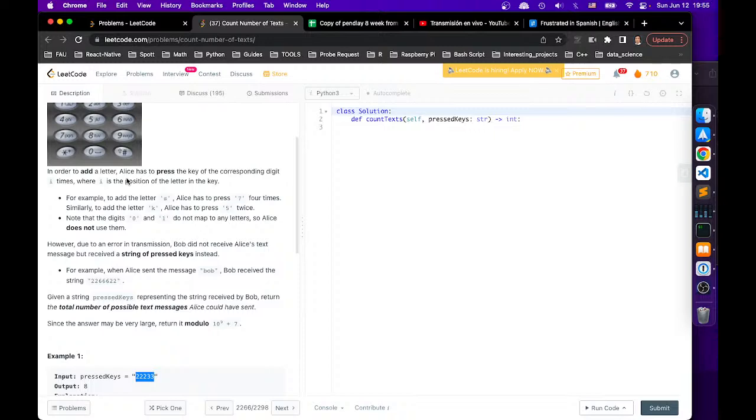If it's 1, 3, we know all the possibilities of 3. So it's going to be 1, 1, 1, 1, 2, 2, 1, and 3. That's the possibilities of 3. Now we have 1, and in the first situation, we can add it to any one of them, and it will result in just 1.